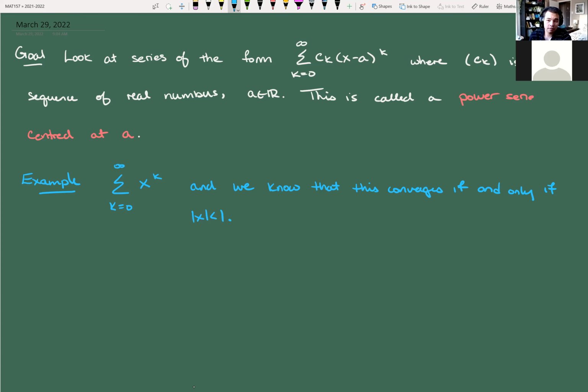Right now, we're thinking of this thing as a function, where you're allowed to plug in different values of x. And if we think of this as a function, so let's say f mapping (-1, 1) to R, like this.